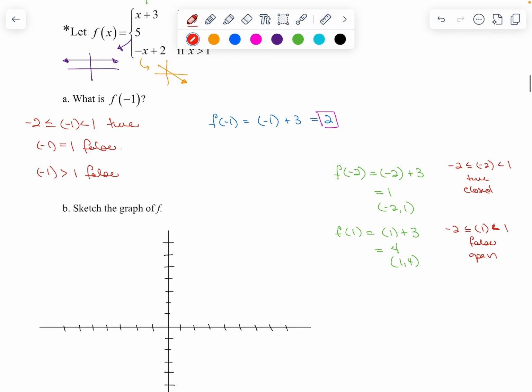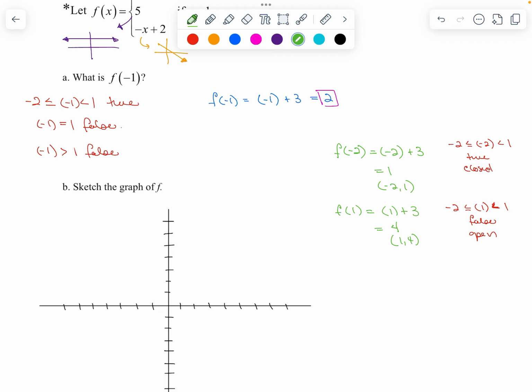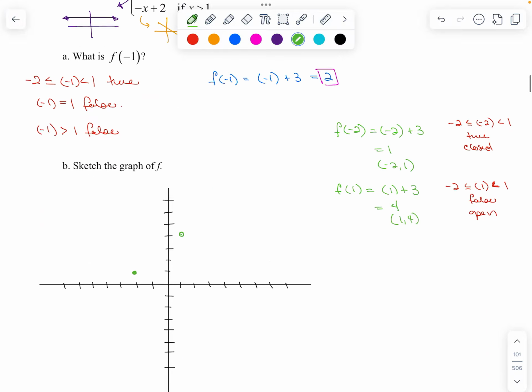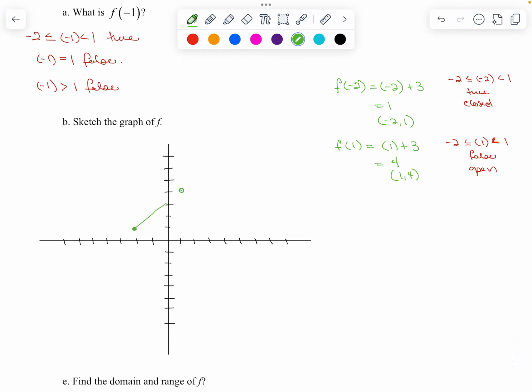Okay, so let's go ahead and plot just that part. So closed on -2, 1, and then we have an open circle at 1, 4. And like we said, this is a line, so I'm going to draw a straight line between the two.